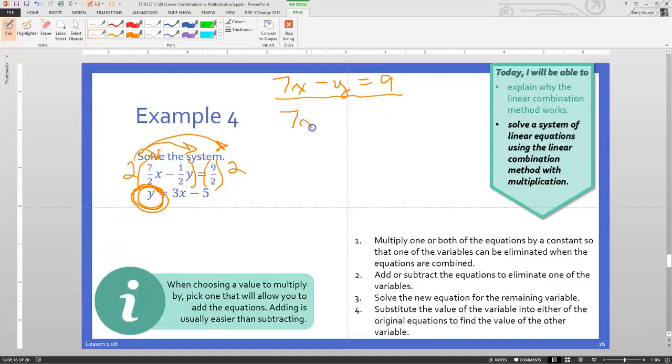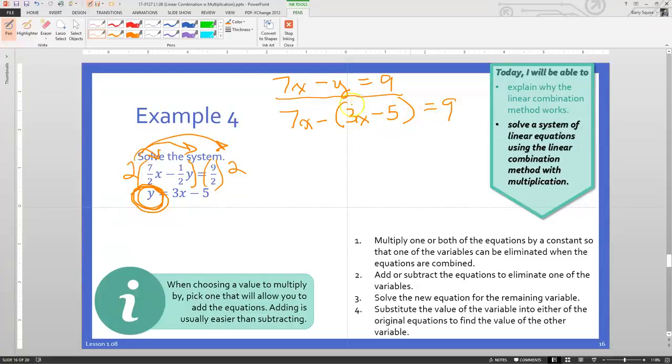So I'm going to have 7x minus (3x minus 5) equals 9. And the reason why I have to put that in parentheses is because that's what y is, and I have to treat that y as if it's one thing.